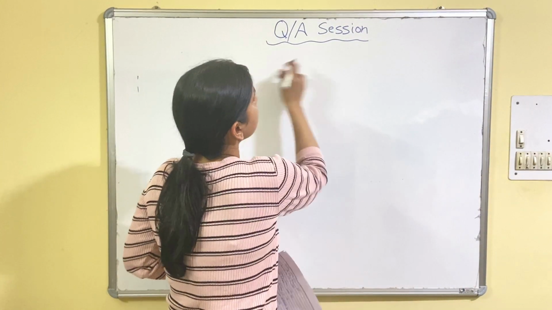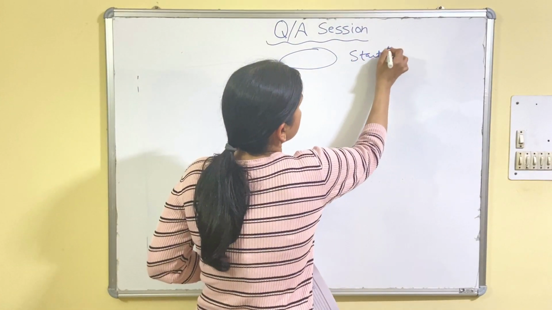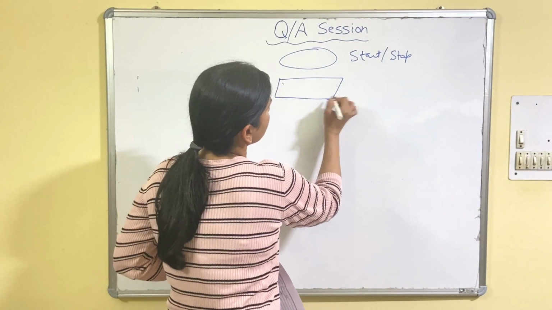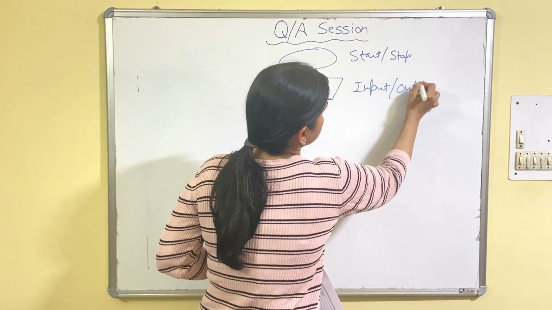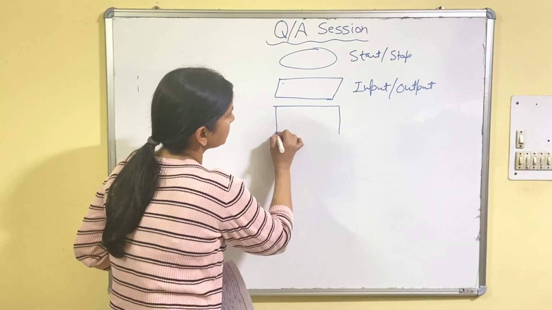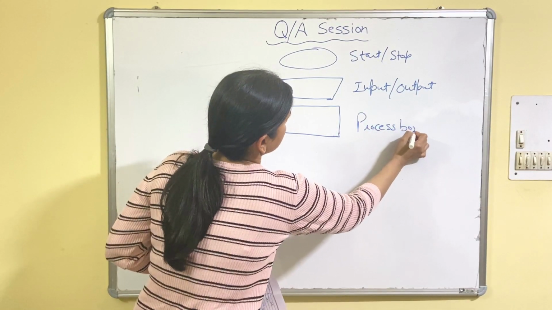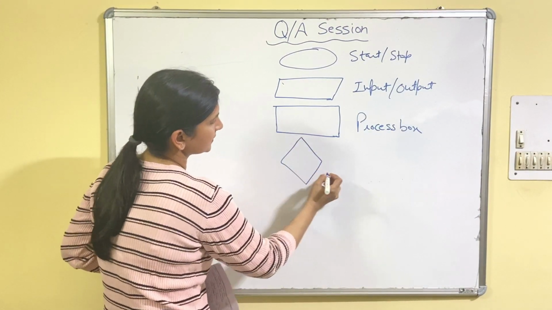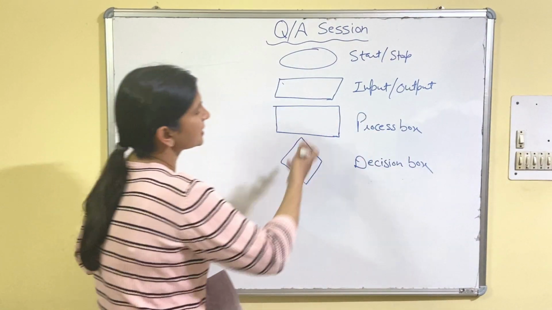This oval shape is for start and stop. The input output box is a parallelogram. Then the process box, and the decision box, which is a diamond shape. Now these are the boxes.